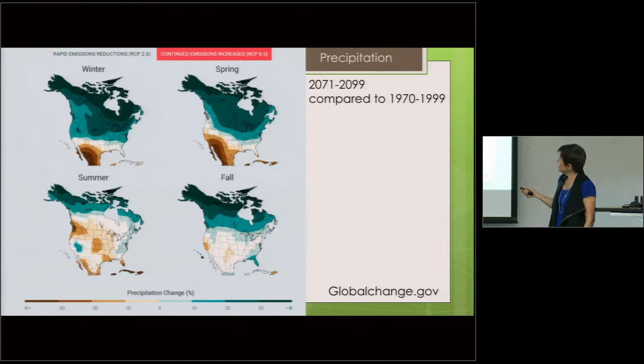This is modeled for if emissions continue to increase. So 2070 to 2099 compared to earlier, and we see that precipitation will increase in some areas, decrease in others, and it will change more in the winter and spring than in fall and summer.